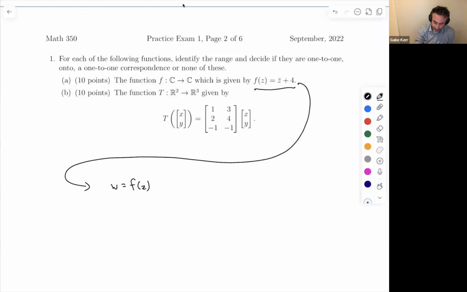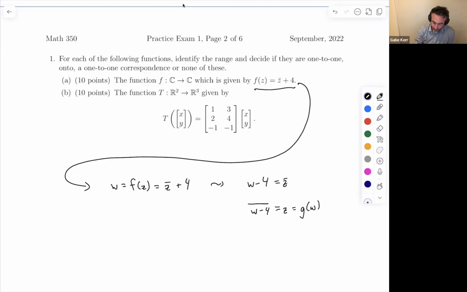Sometimes in high school you find an inverse by solving for the other variable. So if I take W minus 4 equals Z bar, and then conjugate the conjugate, you can say that this is G of W.